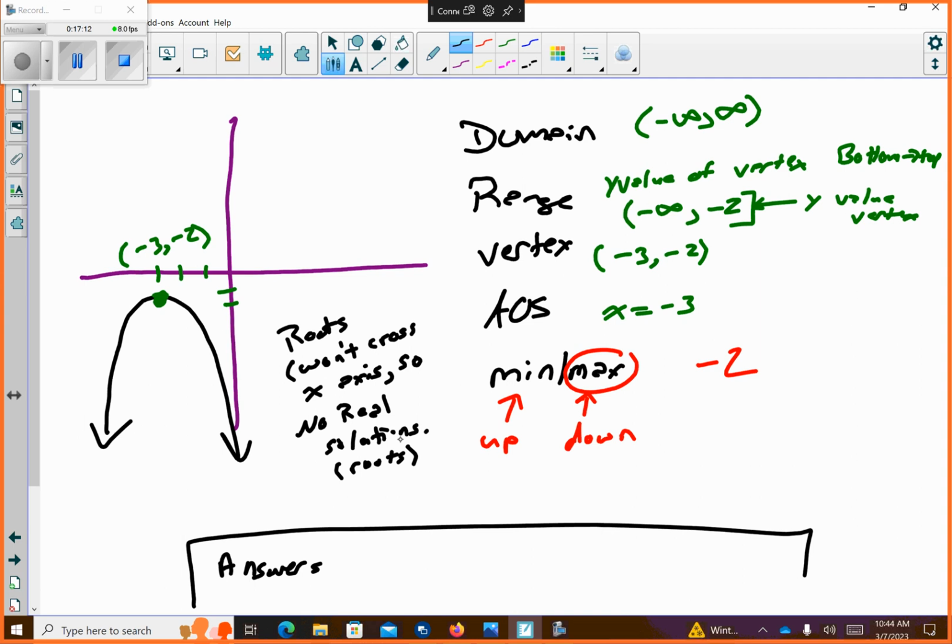It does not cross the x-axis at all. So in this case, we'd have no real solutions.